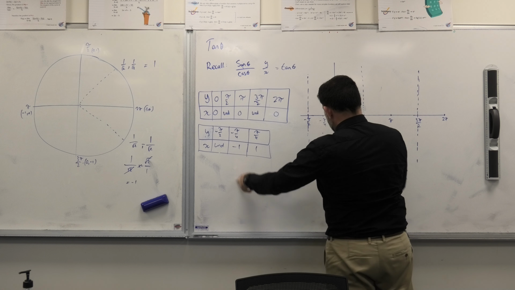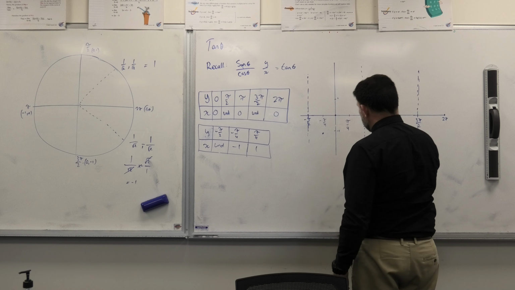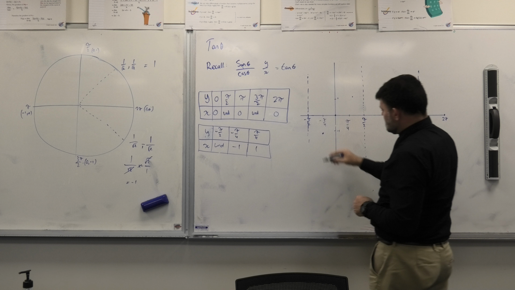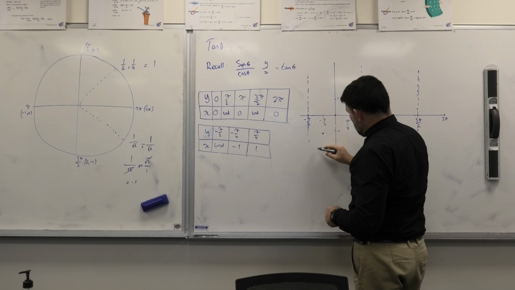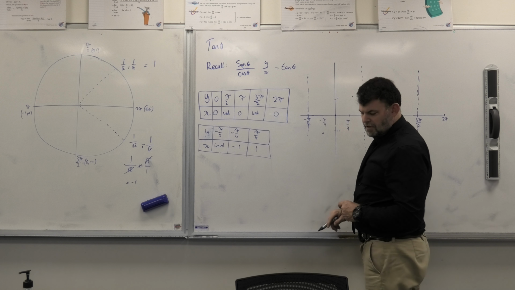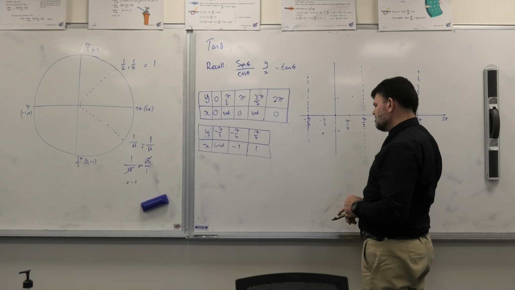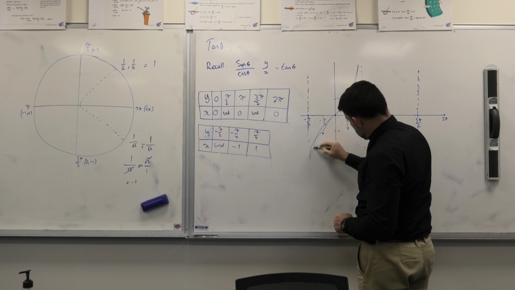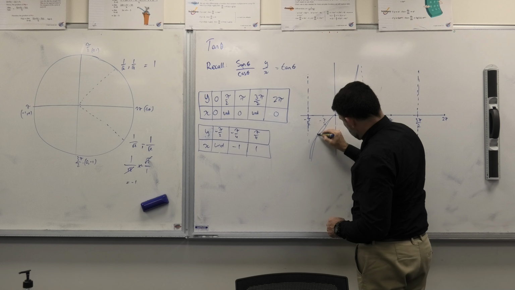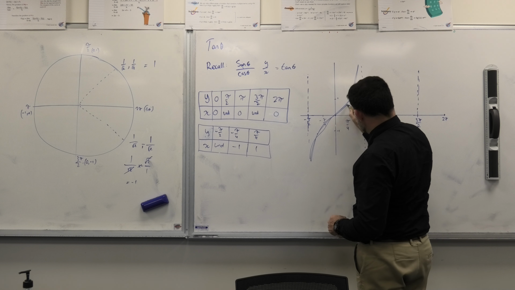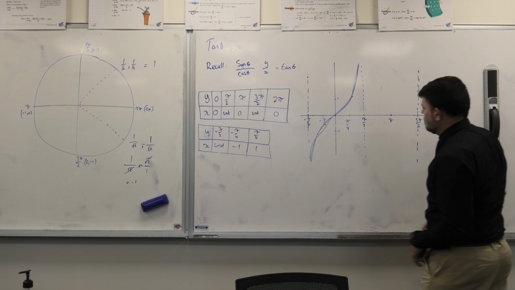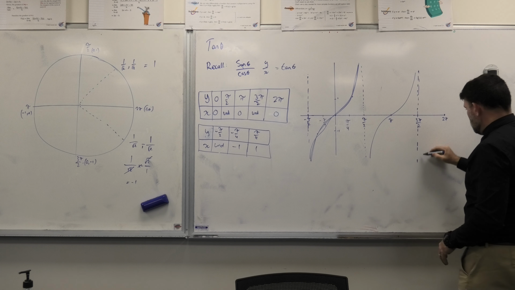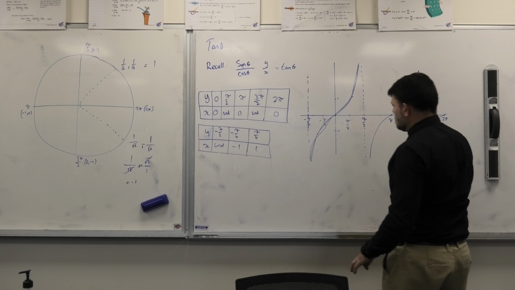So we'll put a mark here and a mark here. So if I sketch this then, I'm going to have a graph that kind of looks like that. So it comes out and it comes up. And this here should be the same in each case.